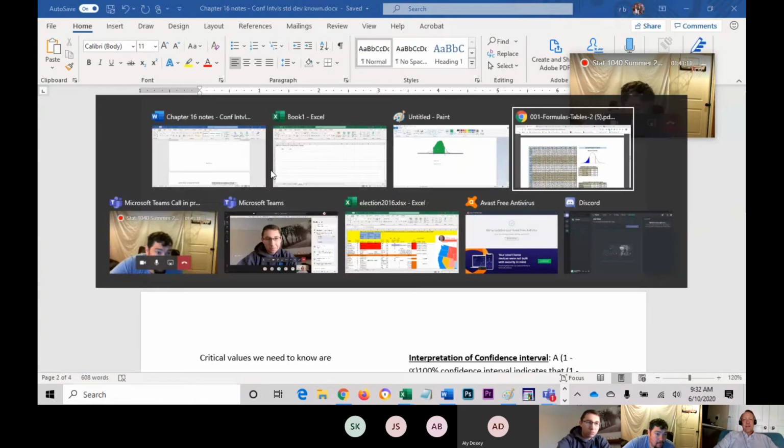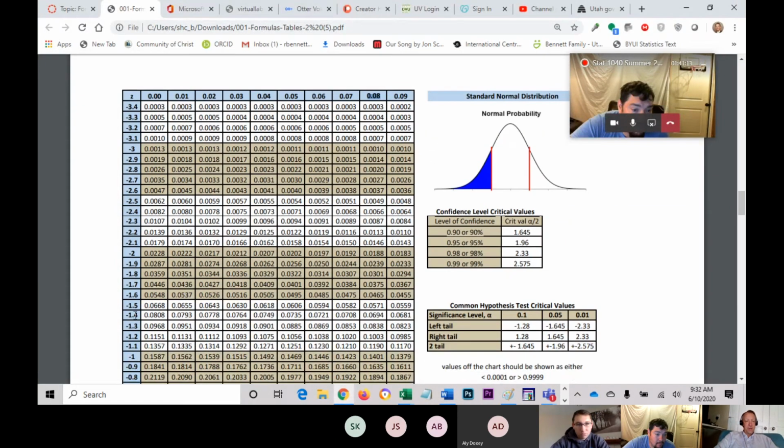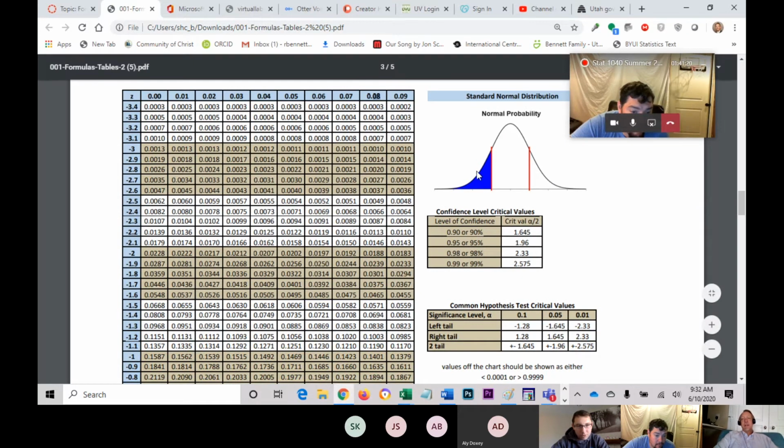I actually found the negative value, negative 1.28. But the nice thing is the normal distribution is symmetric.